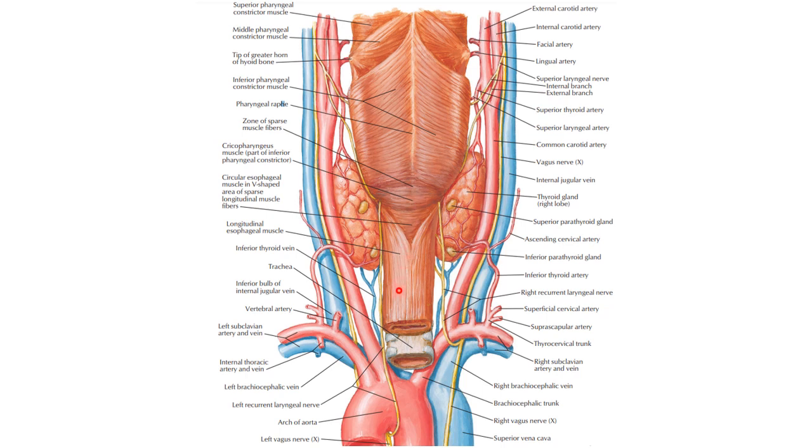This would be the esophagus, which is the most posterior, and this would be the trachea, which is found anterior to the esophagus. Then this would be the great vessels.